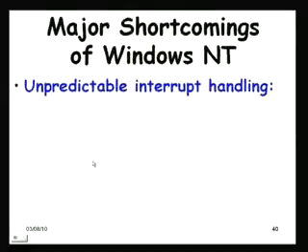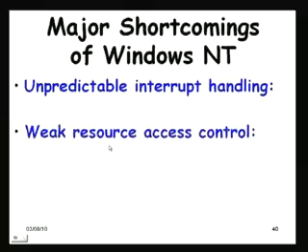So, the major shortcomings of Windows NT for real time applications is unpredictable interrupt handling, because these DPCs operate at the same level, and weak resource access control. So, it is still possible for tasks to use each other's resources, that is inherited from the DOS series.